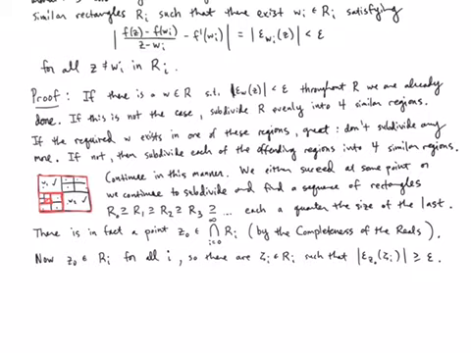Okay, well, now the key point is that these zeta sub i's are actually converging to Z0, since the rectangles R sub i are getting arbitrarily small.